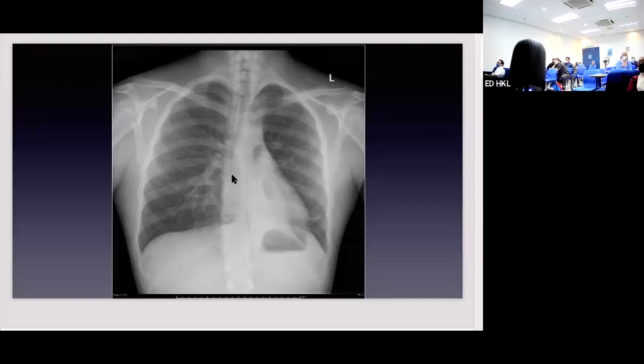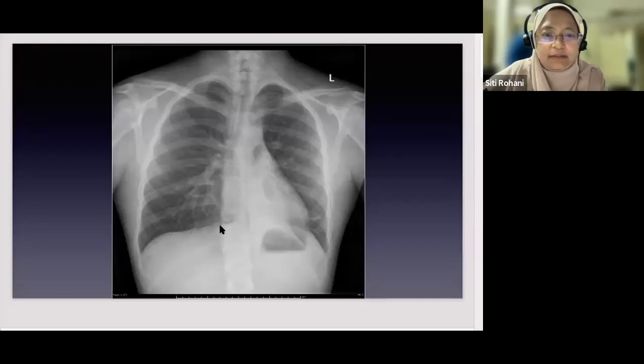Okay, and then we finish off the systematic review. The contralateral lung parenchyma, the vessels are not enlarged. Pleura, there's no pneumothorax, no pleural effusion, bones and soft tissue. Okay, and don't forget about the under diaphragm.